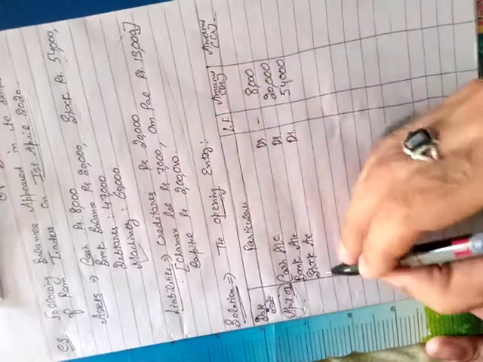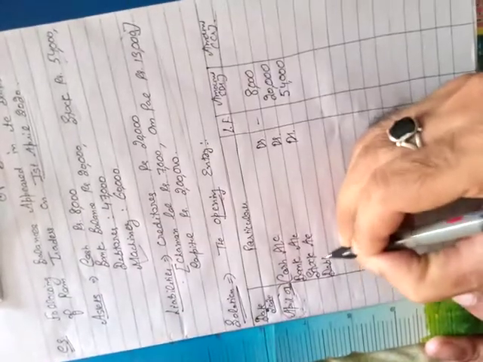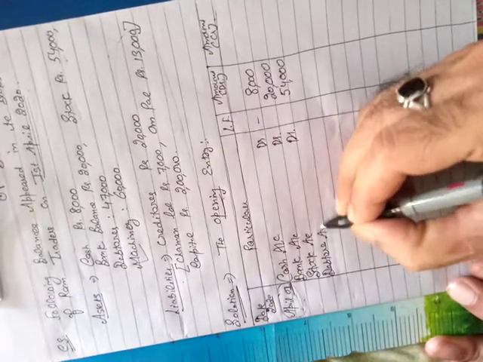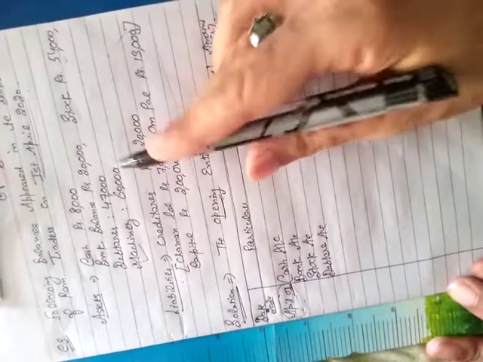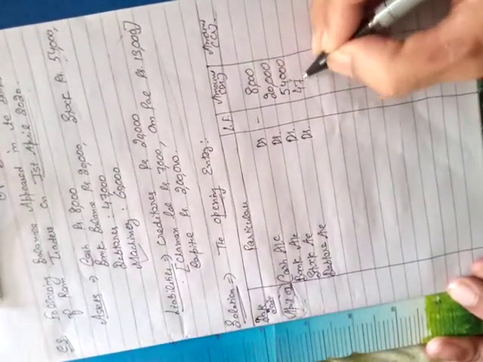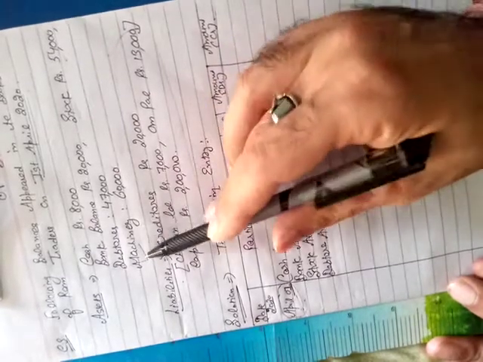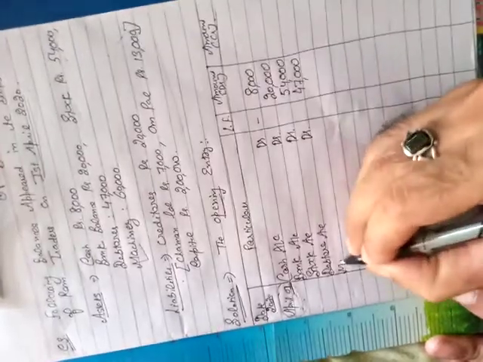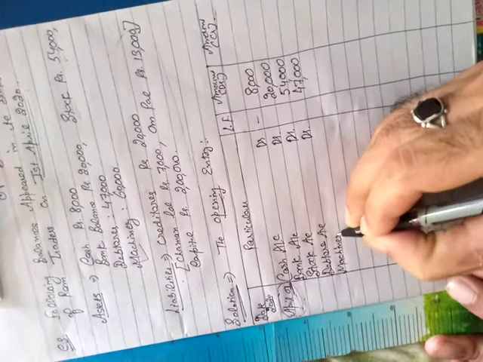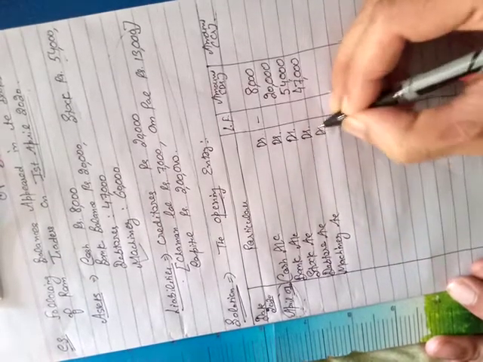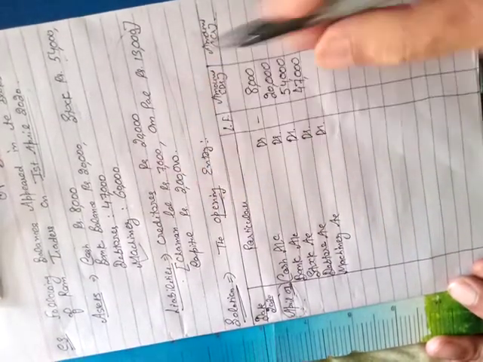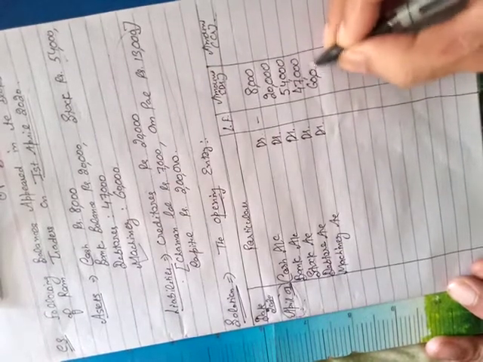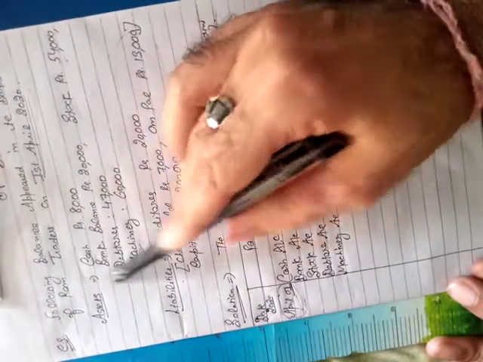Debtors are given, debtors account debited, 47,000. Then machinery account debited, 60,000. All assets will be debited.